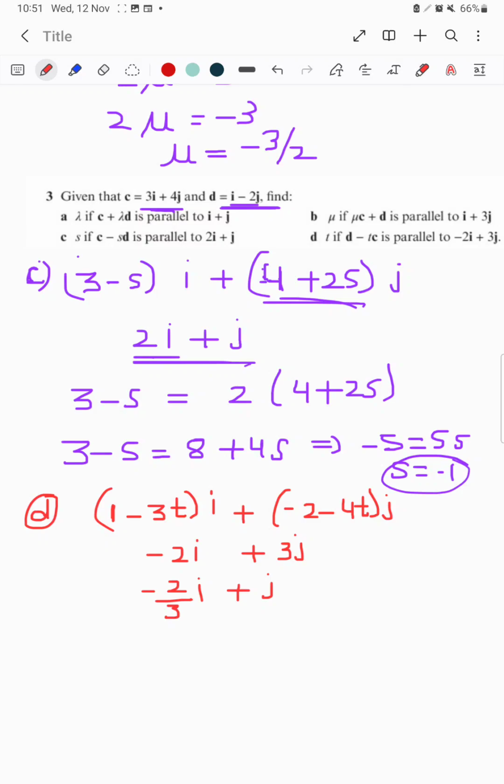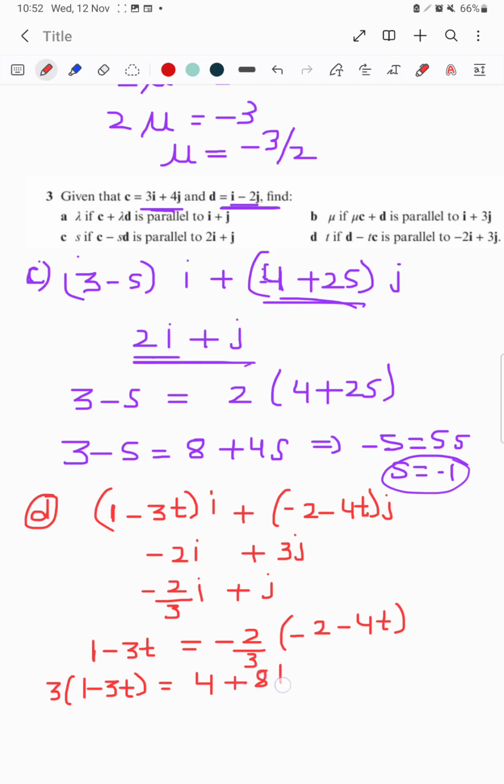So the i component is negative 2/3 of the j component. So the i component is 1 minus 3t, and that is equal to negative 2/3 of the j component, which is minus 2 minus 4t. Then you can multiply 3 by 1 minus 3t, and on the other side minus 2 times minus 2, which is 4, and minus 2 times minus 4t, that is 8t. So 3 take away 9t is equal to 4 plus 8t, and that gives me minus 1 equal to 17t. So t is negative 1 by 17.